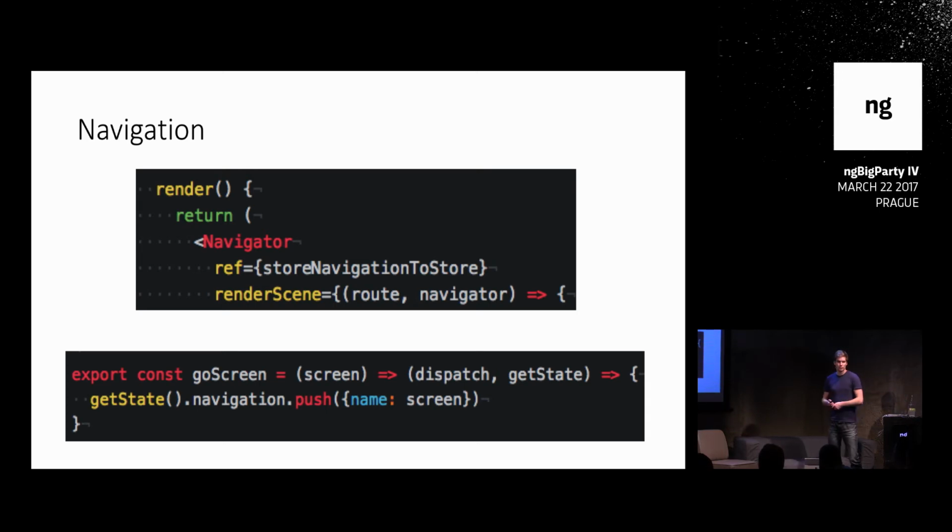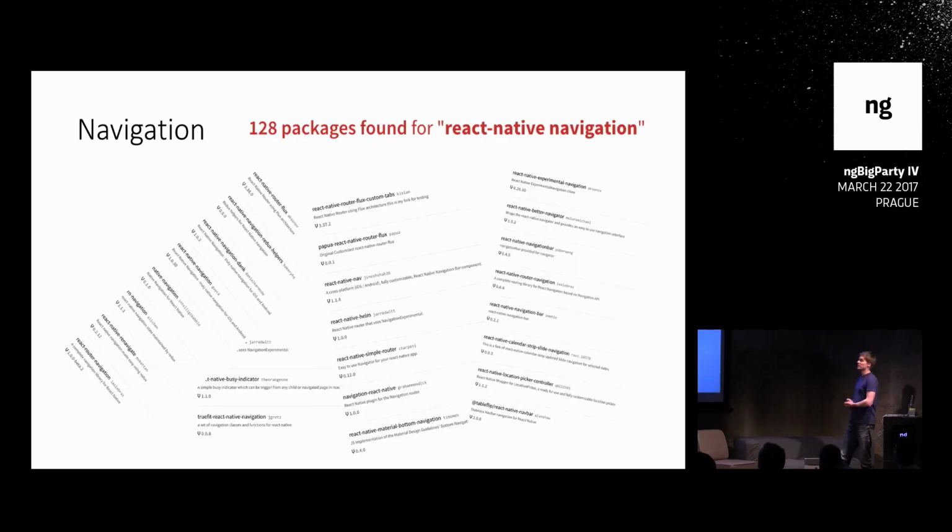So React developers, don't scold me for this, but this is how we do it in our applications. The struggle is imminent because there have been lots of trials of the community trying to re-implement how navigation should work in React Native, and they failed miserably 128 times.